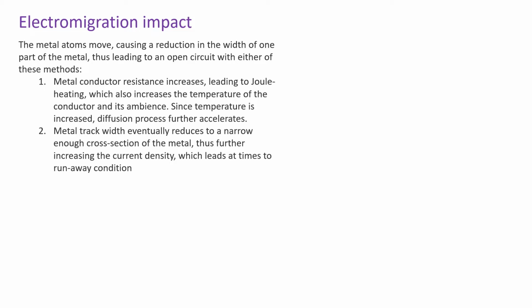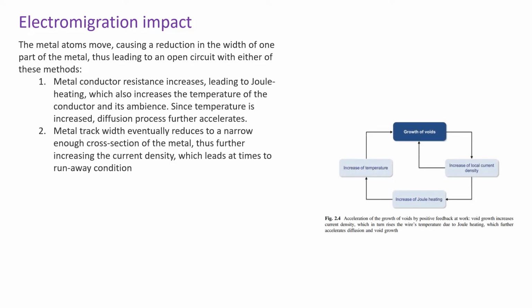In the first method, metal conductor resistance increases, leading to joule heating, which is the same as I square R. So the temperature will increase because of high current, and because of that high temperature, more electromigration will happen.